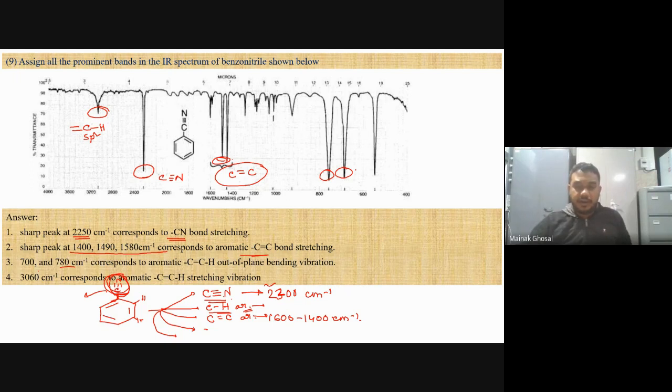You don't need to assign all that, because in many cases you don't need to assign this fingerprint region. The main functional group generally comes in this region, and also this 3060 centimeter inverse corresponds to aromatic CH. So you have assigned all the groups present in cyanobenzene.